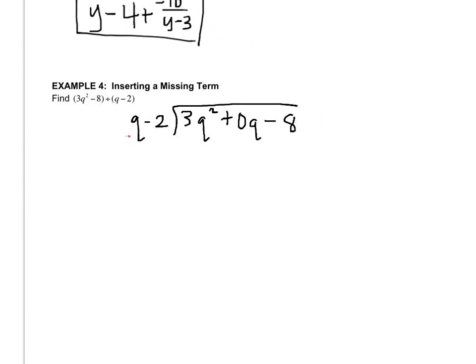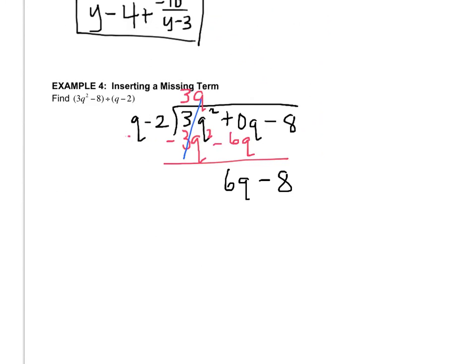So this gives you 3q. 3q times q is 3q squared. 3q times negative 2 is negative 6q. When you subtract, 0 minus negative 6 is positive 6q.